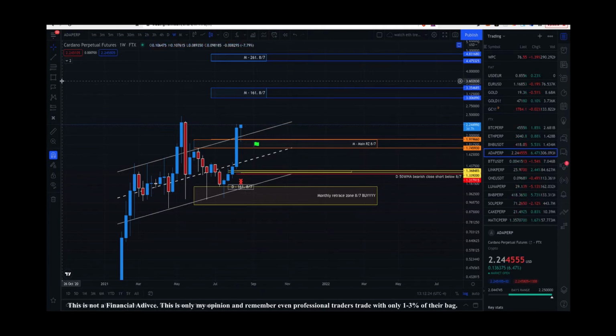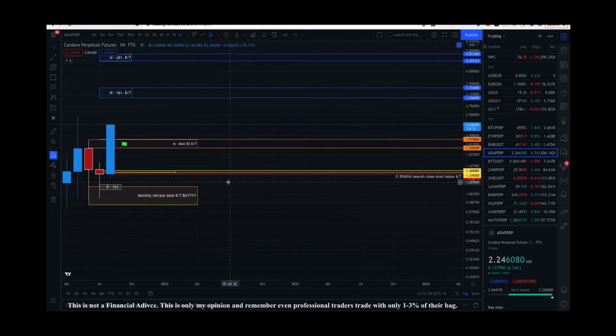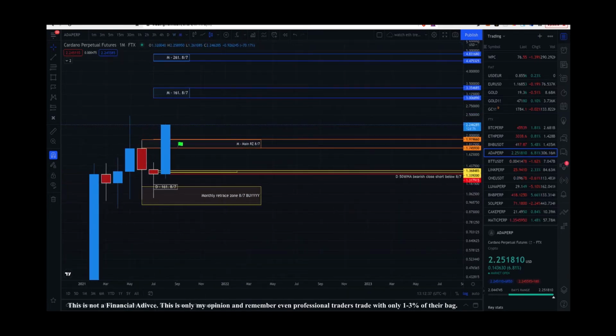So I can quickly show you using Fibonacci how we got these boxes. I'll go on the monthly time frame here. The orange box represents my 618 level, between the 618 and the 0.5.